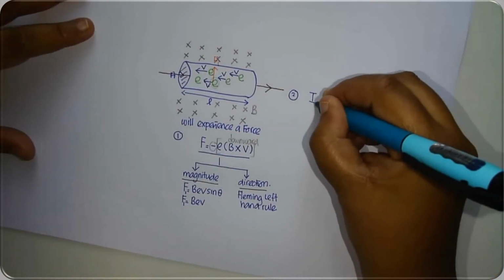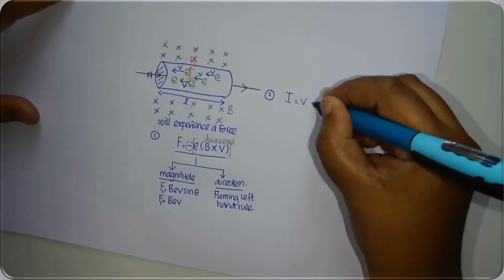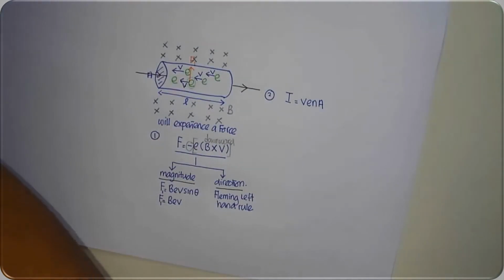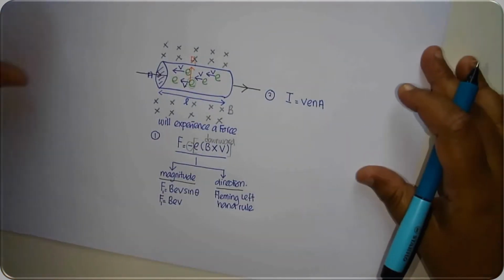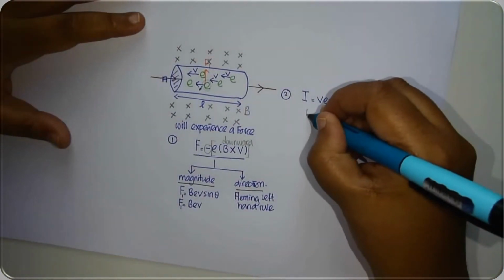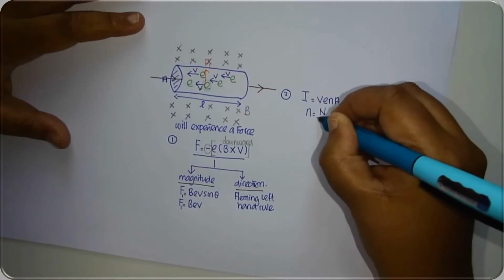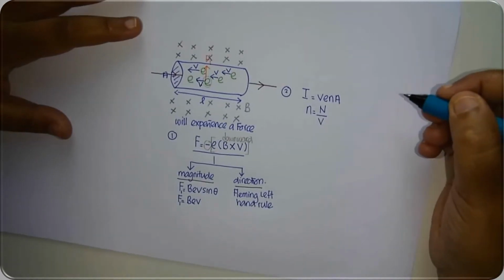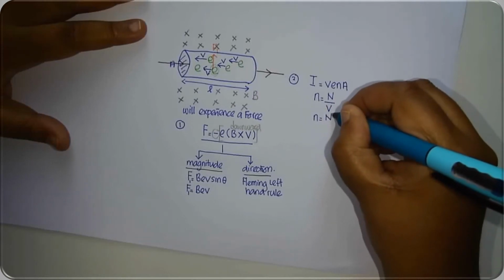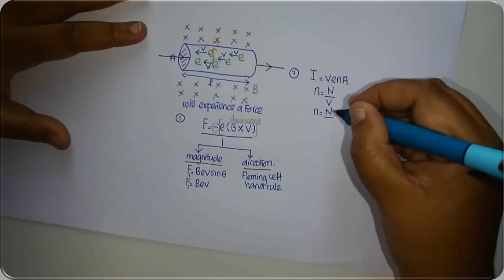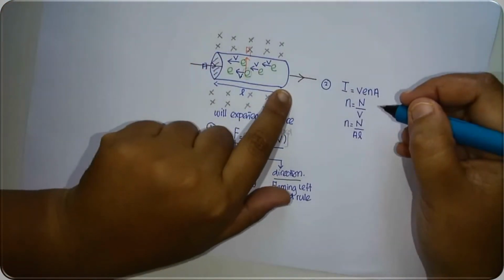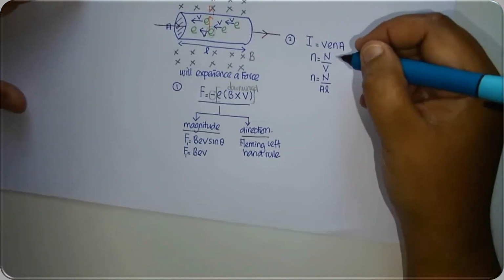We know I equals v e n A, where v is drift velocity, e is the charge, n is number of free electrons per unit volume, and N is equal to number of free electrons per area times length.